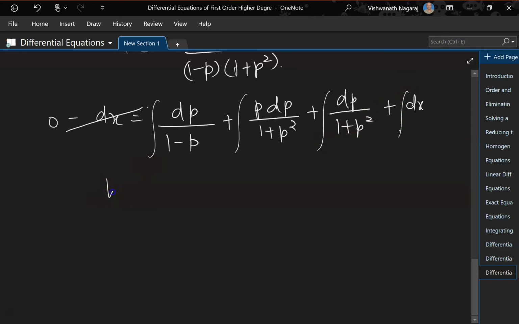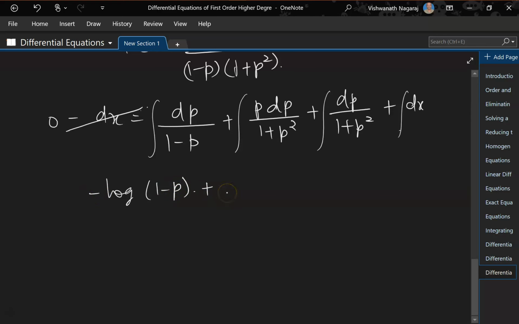So now this will be log of 1 minus p. You can verify by actually differentiating this. Log of 1 minus p gives 1 by 1 minus p times minus 1. So put a minus here.